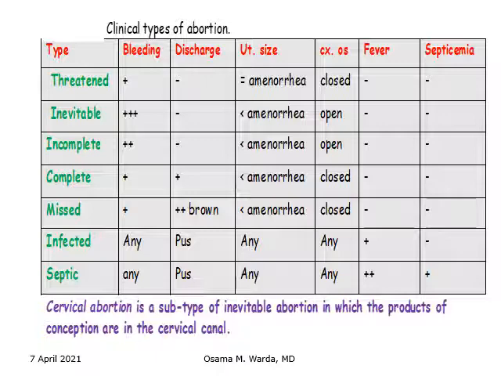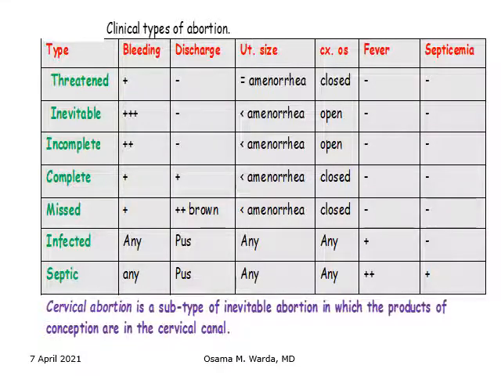The cervix, when digitally palpated, is closed, with no fever and no septicemia. Inevitable abortion has the largest amount of bleeding among these clinical types, and the uterus is less than the period of amenorrhea.